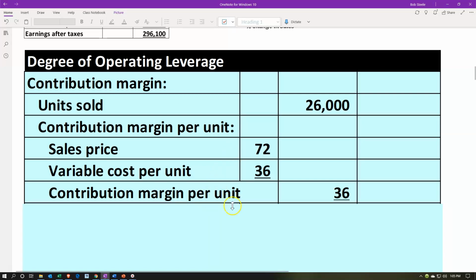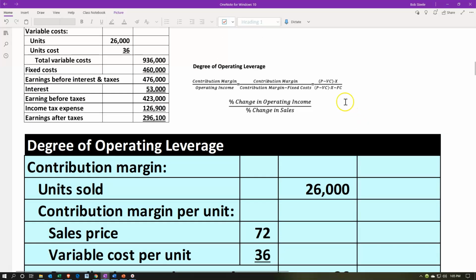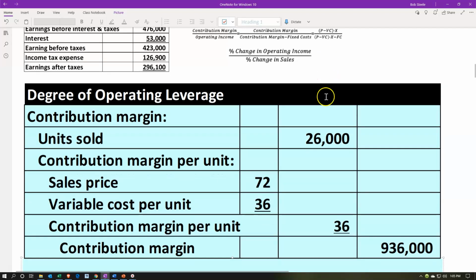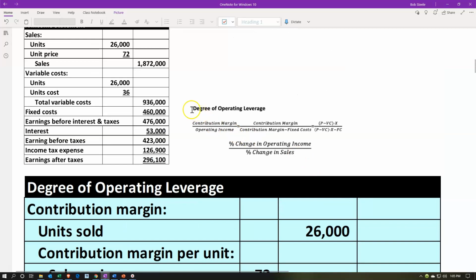And then we can calculate our contribution margin, which would be the 26,000 units we're going to sell, times the contribution margin per unit, which gives us the 936,000. So that's going to be our calculation here. We took the price minus the variable cost, then we did it in an expanded format. Now note that this 936, it just so happens that with the data that was given to us, we could have pulled it directly from here.